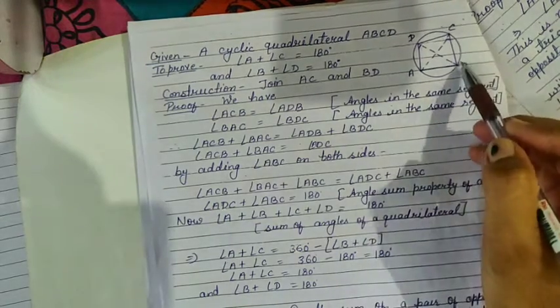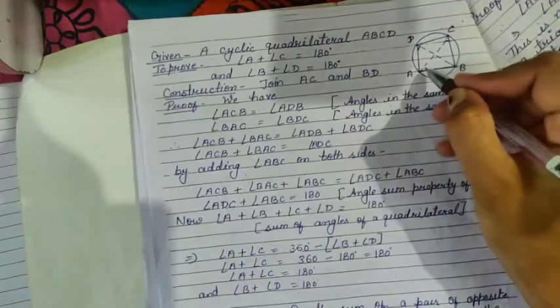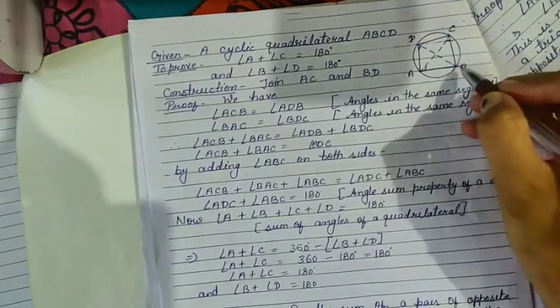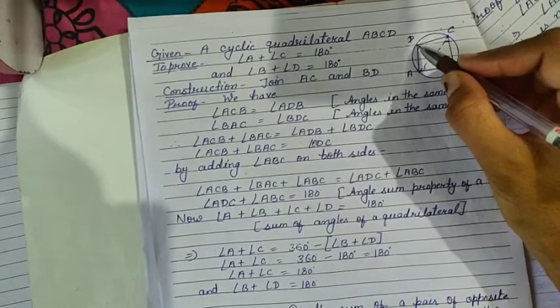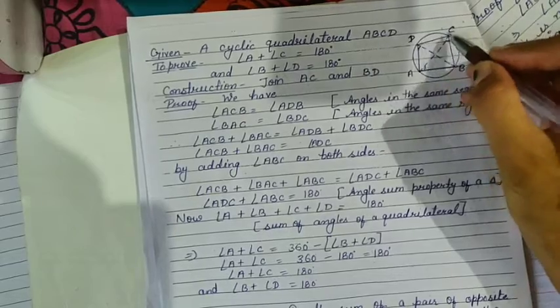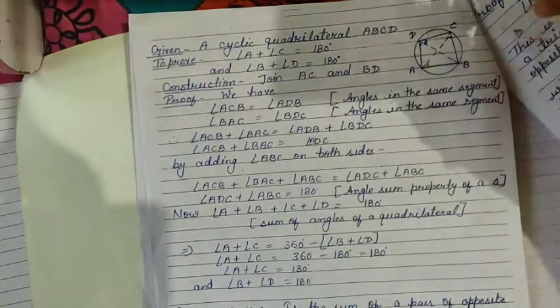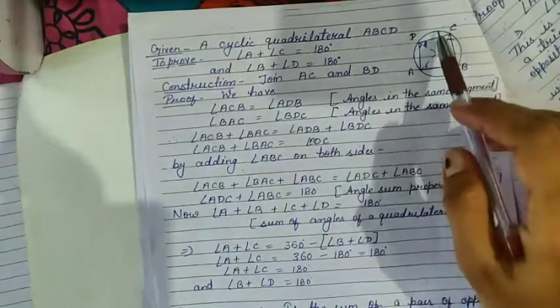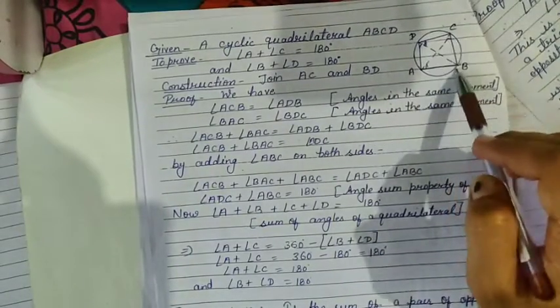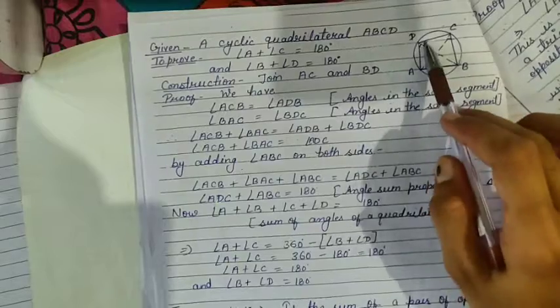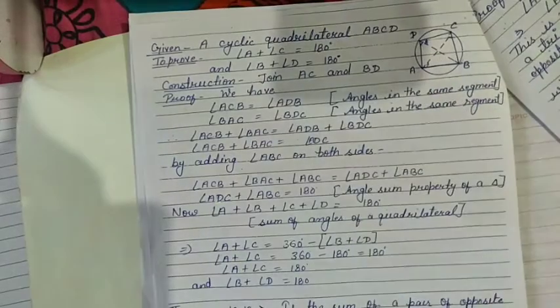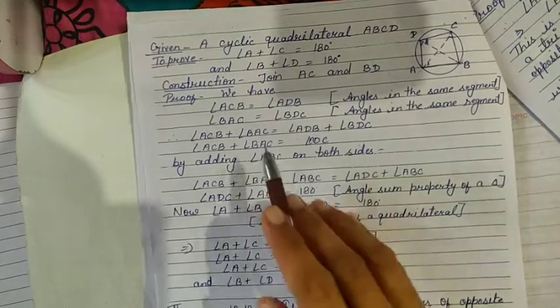Now angle BAC and angle BDC. These two angles are also equal to each other, because if this is an arc, then these two angles are in the same segment, so they will also be equal to each other.